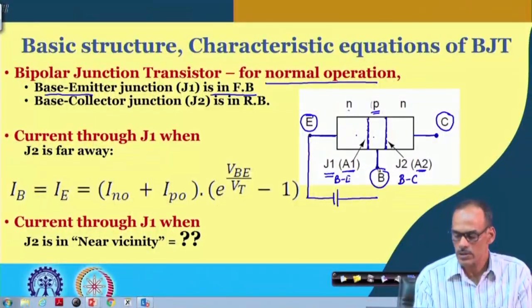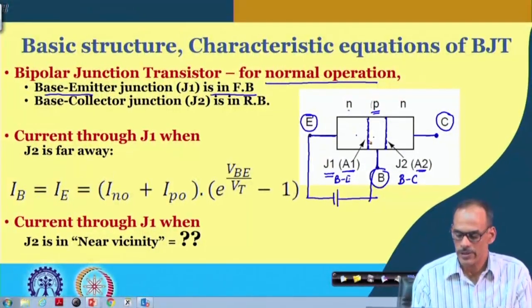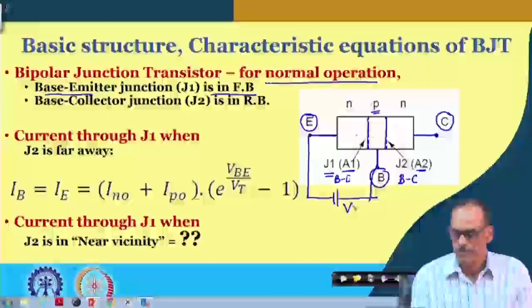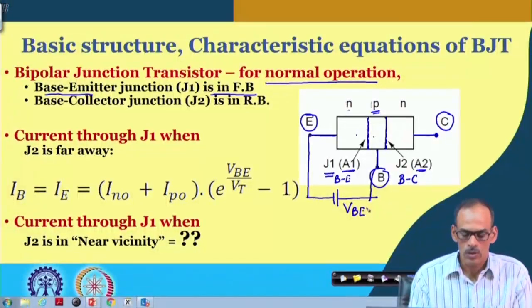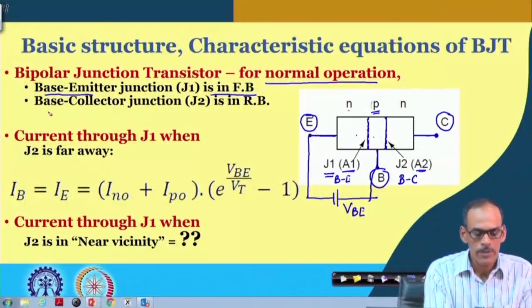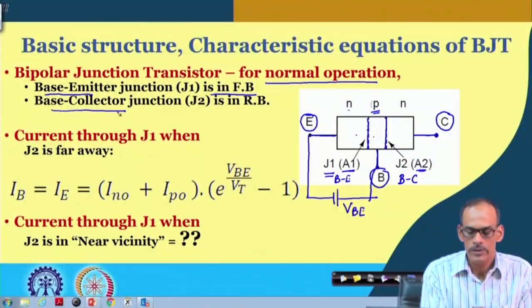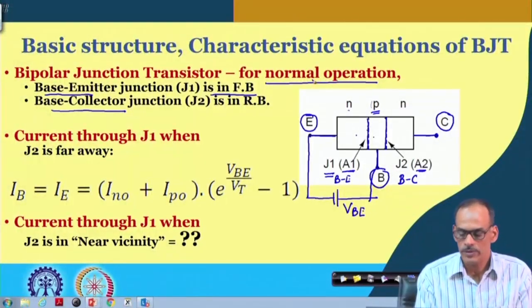So this junction J1 will be forward biased by a voltage called the base to emitter voltage. On the other hand, the base to collector junction, again for normal operation.